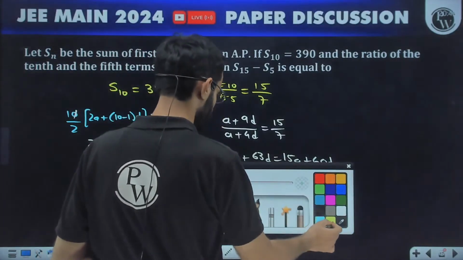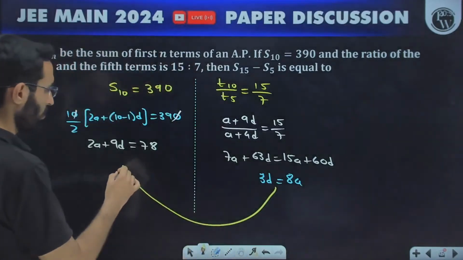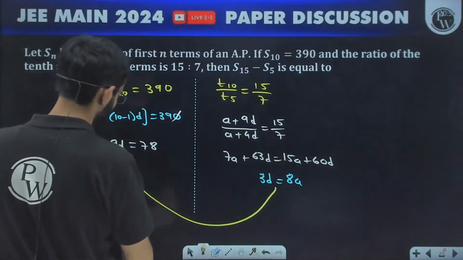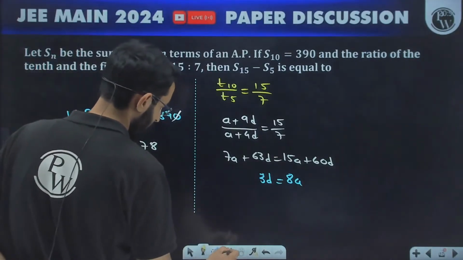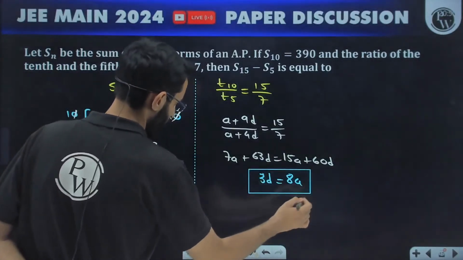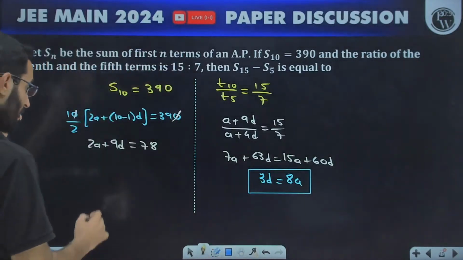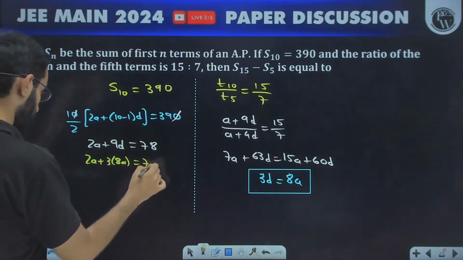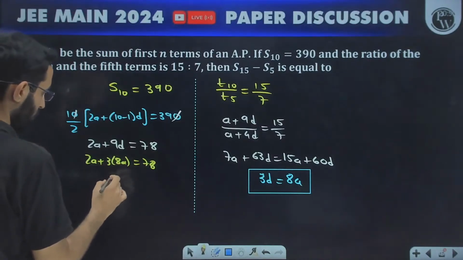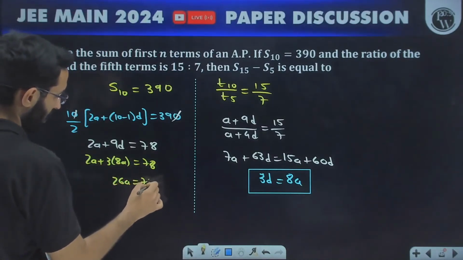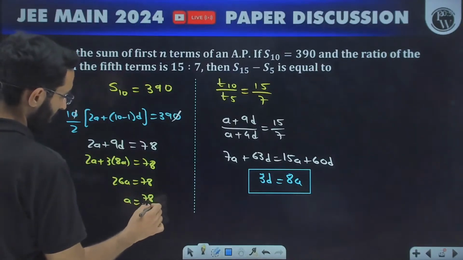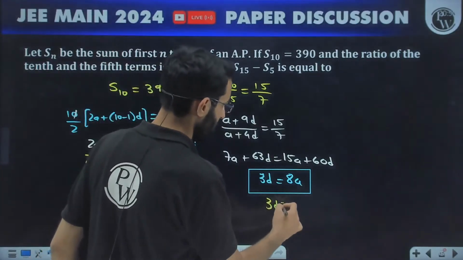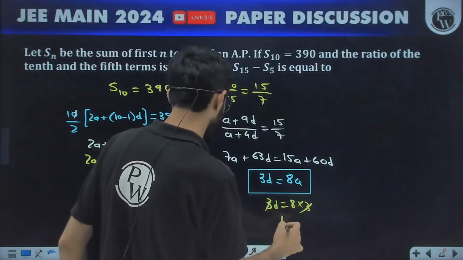If you substitute this value of 3D equal to 8A into the equation, 2A plus 3 times 3D becomes 2A plus 24A, that is 26A equal to 78. A will be 78 by 26, so A is 3. Then 3D is equal to 8 into 3, so D will give you 8.